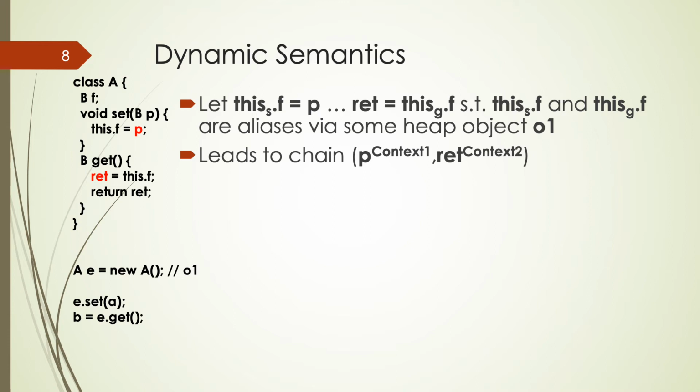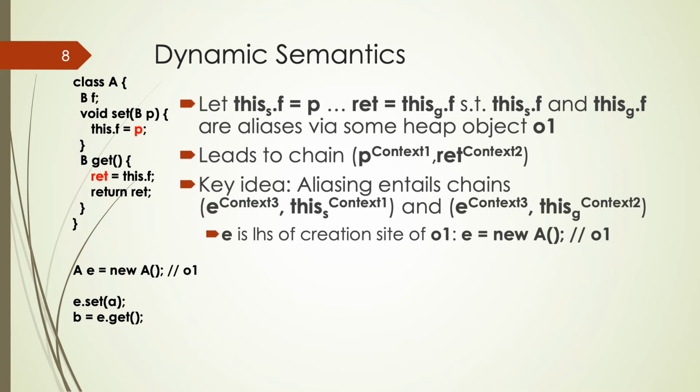So the main idea in our work is to turn reasoning in terms of points-to relations into reasoning in terms of reachability relations between stack variables. So the key intuition here is that aliasing entails chains E to this of S and E to this of G, where E is the left-hand side of the creation site of object O1.